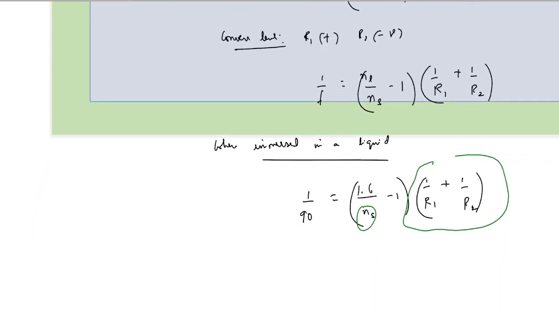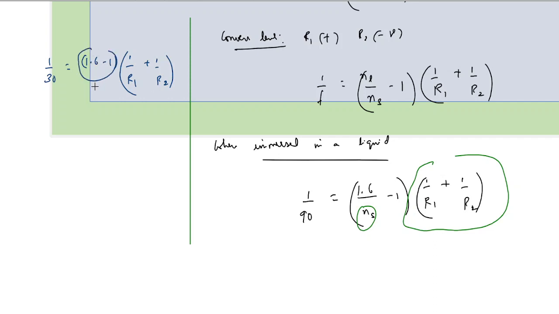So if you use that part of the statement, then we can say 1 by 30 is equal to 1.6 minus 1, because when we place it in air, n for surrounding becomes 1, into 1 by R1 plus 1 by R2. So this term here would be 0.6.